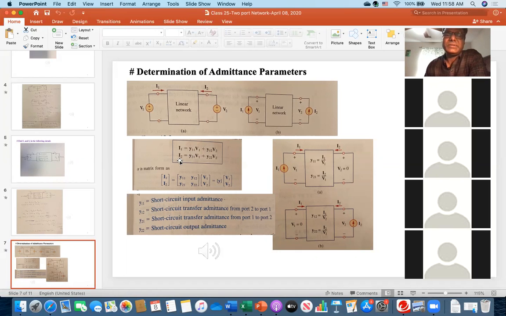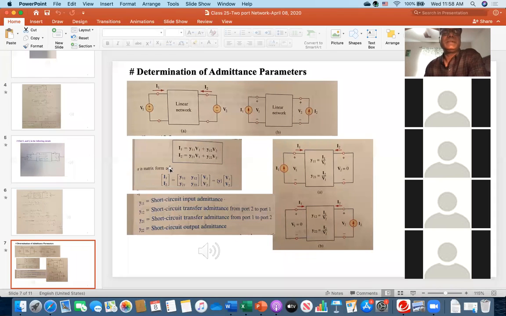This means Y equals 1 over Z, because Z equals V over I. That's why I equals Y multiplied by V. That's why the equation is I1 equals Y11 into V1 plus Y12 into V2, in a similar fashion to the impedance parameters that we showed a few slides back. Similarly, the I2 equation is Y21 into V1 plus Y22 multiplied by V2.